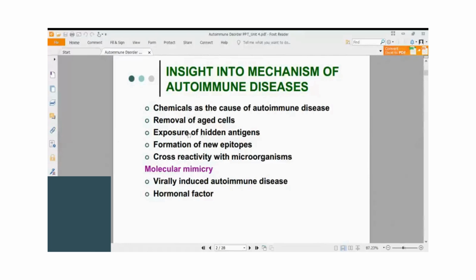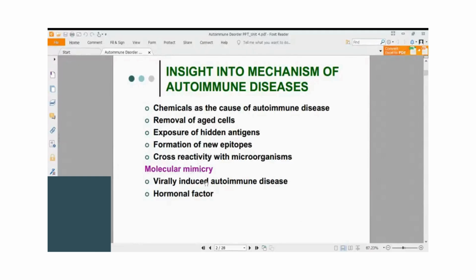Then exposure of hidden antigens. There are sometimes some antigens which are not exposed to T or B lymphocytes, and there are sites in our body where hidden antigens are present. We will see what those are. Same way, sometimes new epitopes are created in the body, and those new epitopes will act as foreign epitopes and initiate an autoimmune response. And there could be the possibility of cross reactivity, where the antibody developed against the antigens or epitopes of microorganisms will cross react with our self antigens, which is called molecular mimicry.